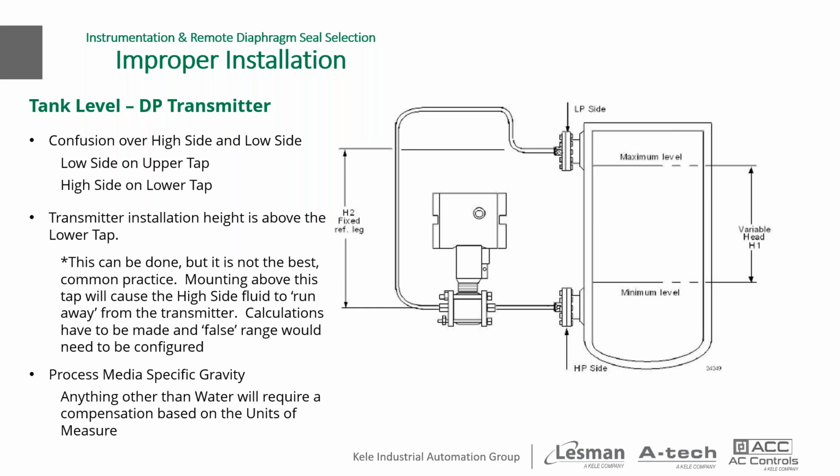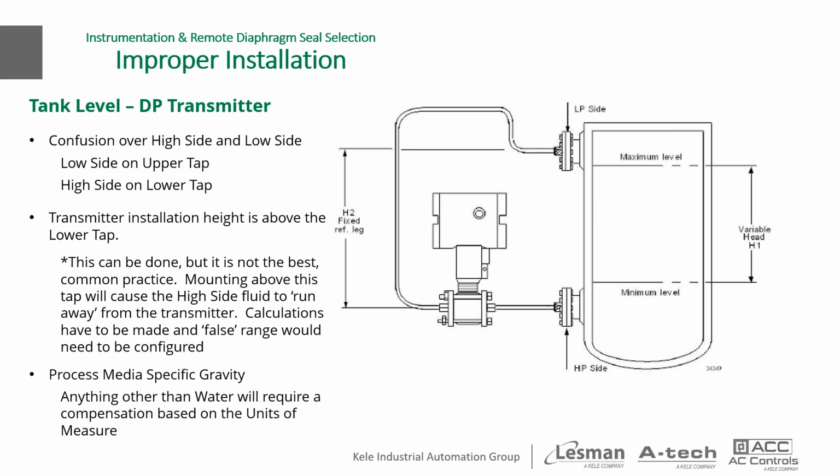But folks have to remember that the low side of a differential pressure transmitter, the draft side of the DP, needs to go on the upper tap or the reference side of the tank. The high side, the working side of that assembly, needs to go on the lower tap.